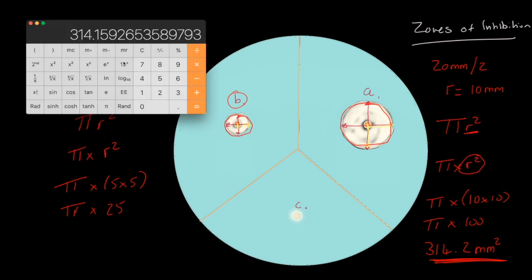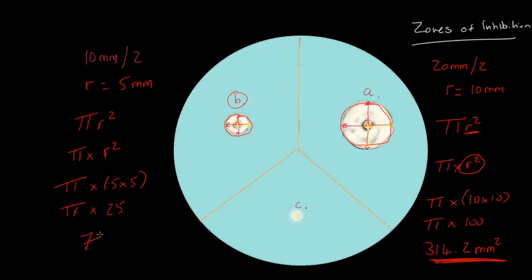So let's do pi multiplied by 25 equals, and we get a reading here of 78.5. Units are super important: millimeters squared. So this zone of inhibition is 78.5 millimeters squared.